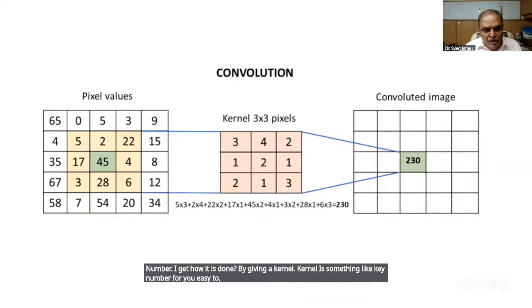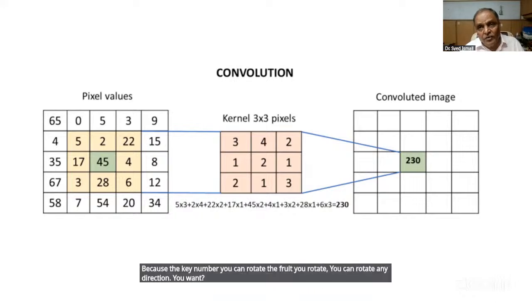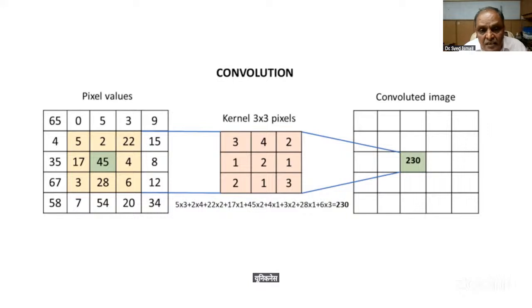Why is the key number used? Because you can rotate it. If you rotate the fruit in any direction you want, you still get its uniqueness. That's how the kernel is selected. So the kernel is also 3 by 3, and each dot is multiplied by the kernel value, and then added together, which gives one number.